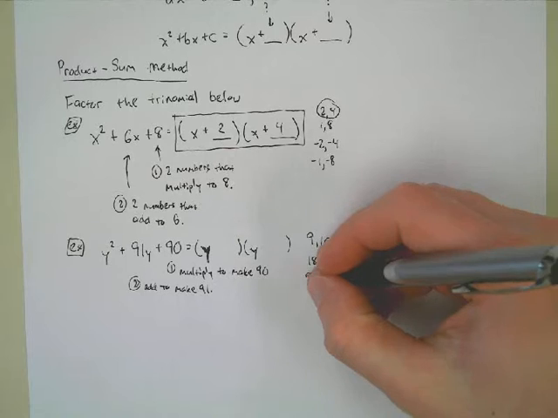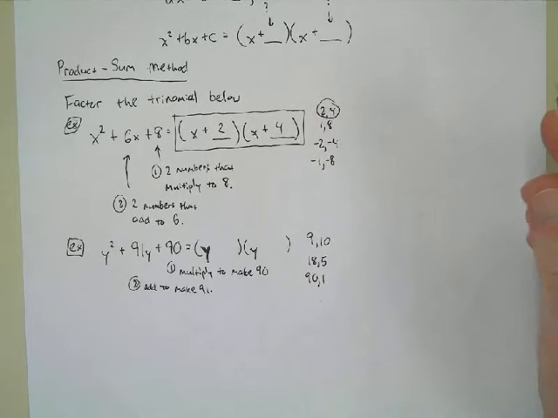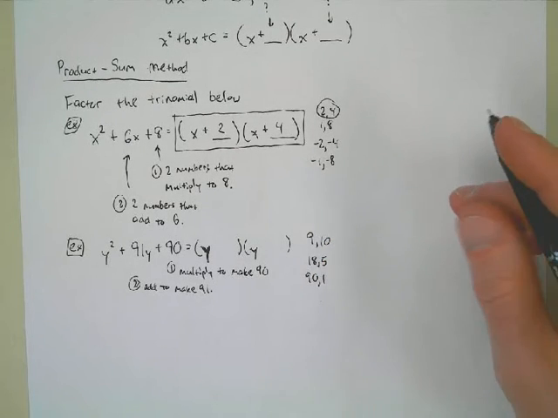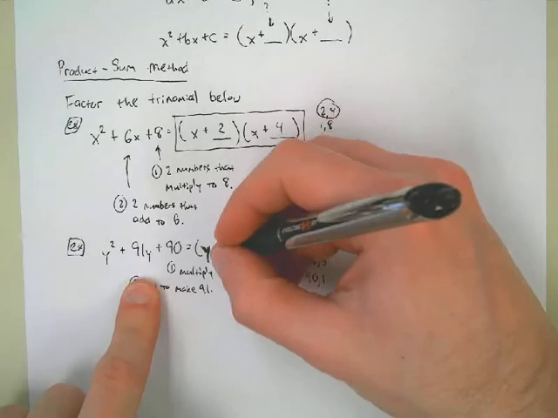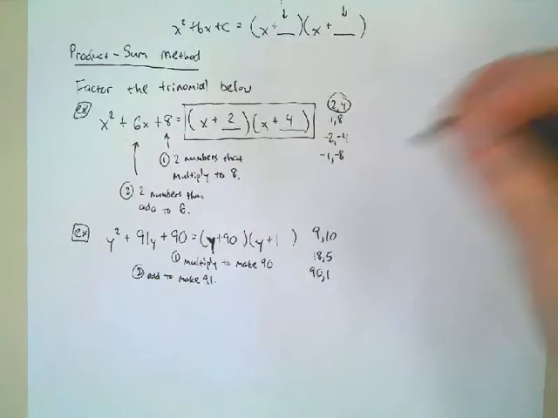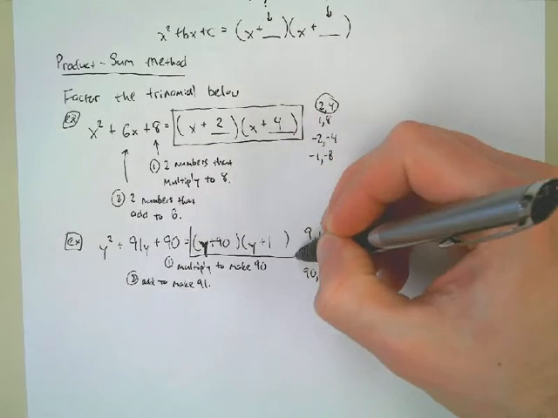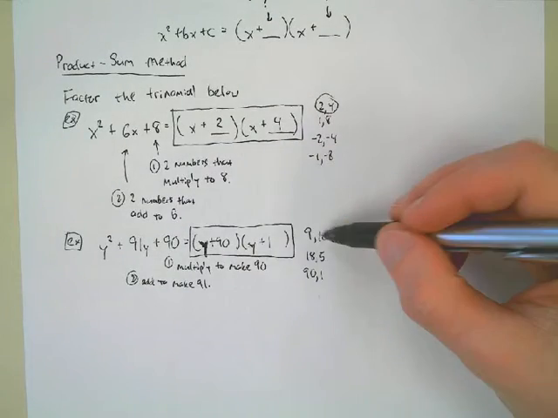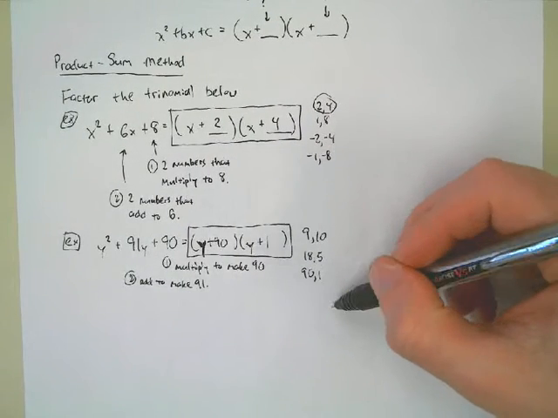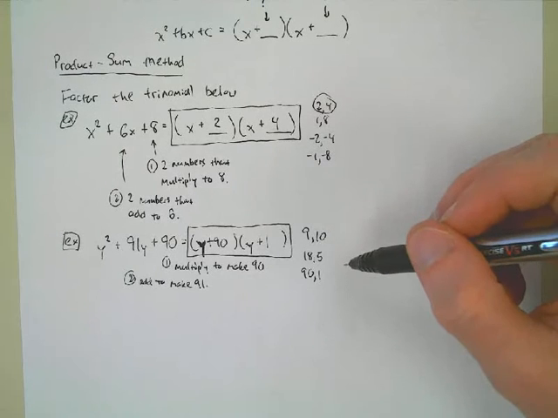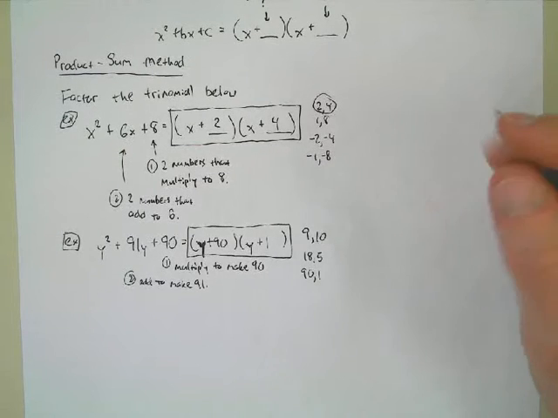Ah, okay. Is that the right pair? Yeah, they add up to 91, don't they? So that's exactly right. Of course, don't forget we could have done -9, -10, -18, -5, -90, -1, all that good stuff too.